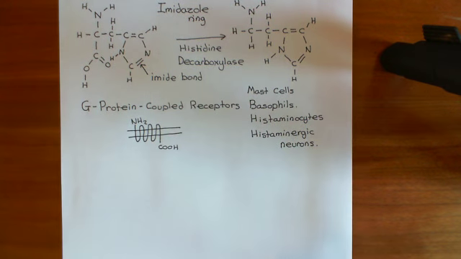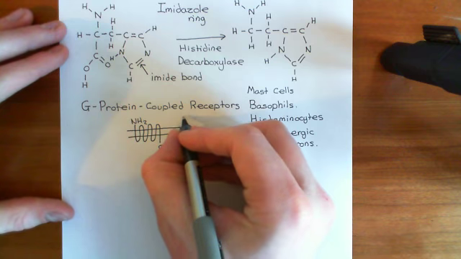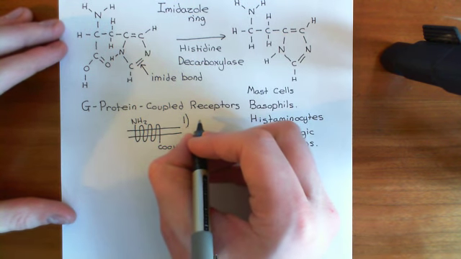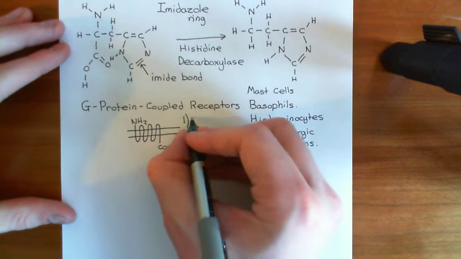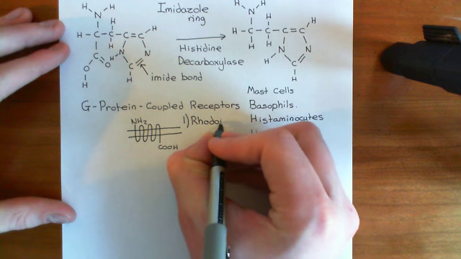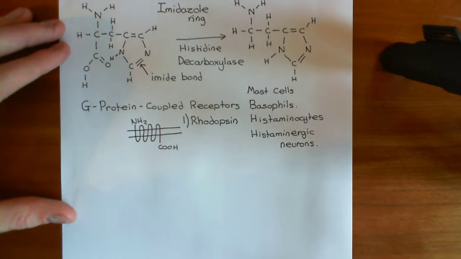Now, G-protein coupled receptors can be grouped into 5 separate families. The first and absolutely the biggest G-protein coupled receptor family is the rhodopsin family. This contains over 750 of the known G-protein coupled receptors, which is around 800 of the things.